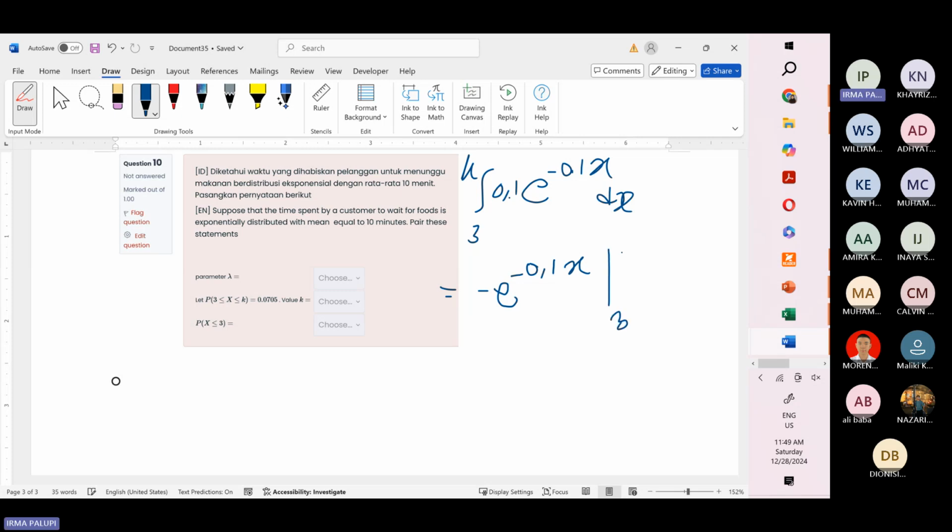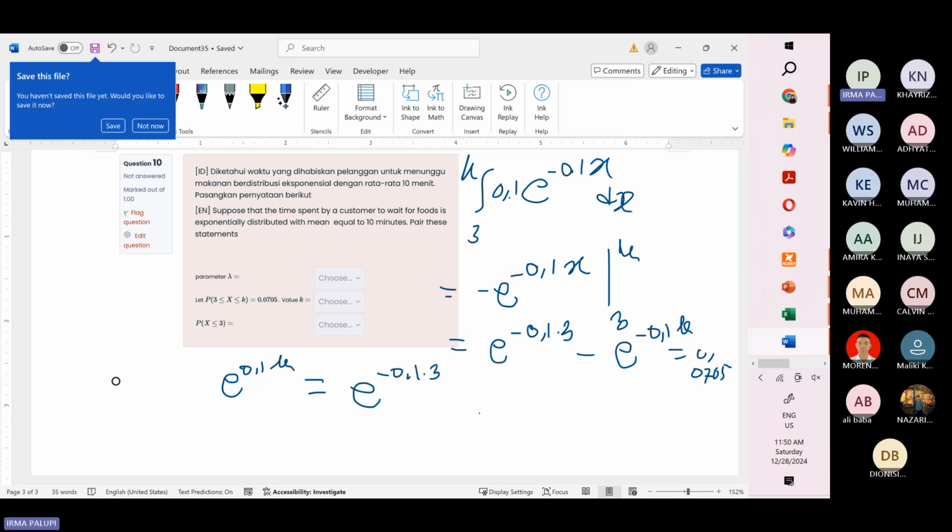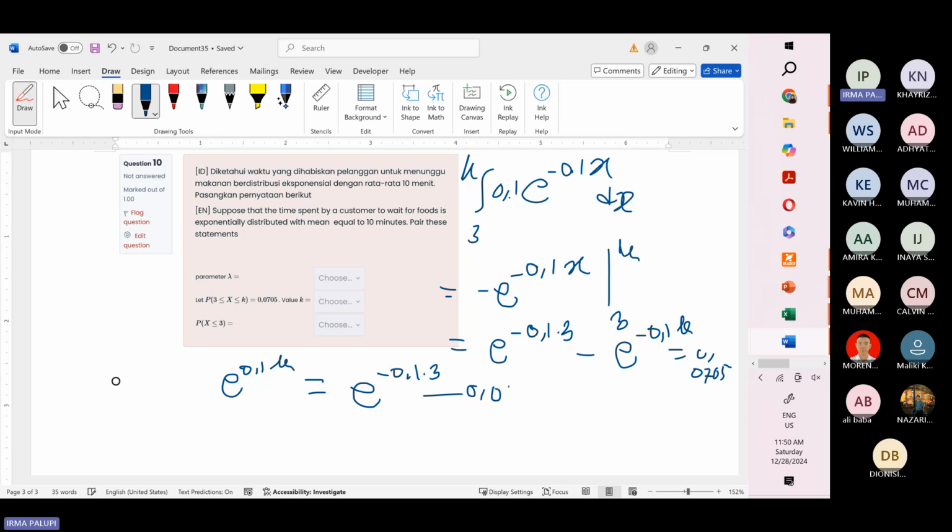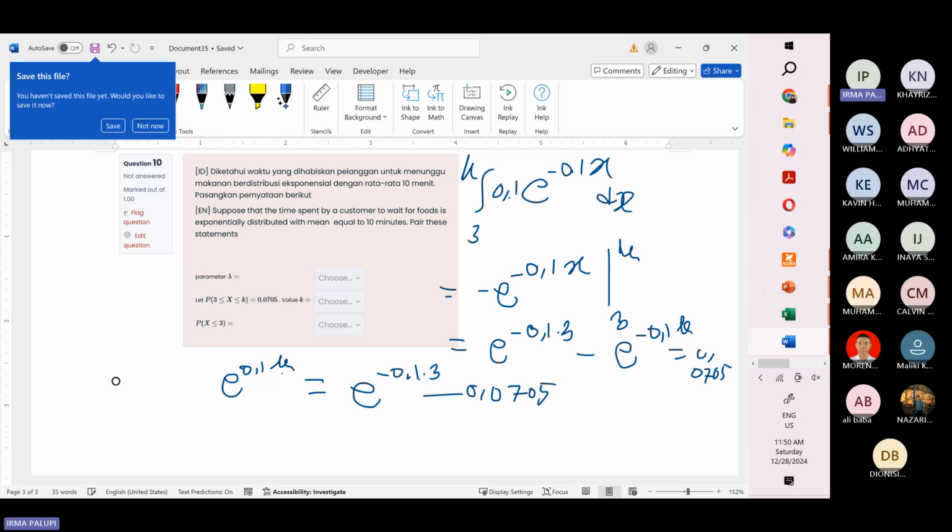Okay, and in this interval, we have exponent minus 0.1 times 3 minus this one, 0.1 k, equals this number. So this part, exponent 0.1 k equals e to the power of minus 0.1 times 3, subtracted by 0.0705. Okay, so we have k.